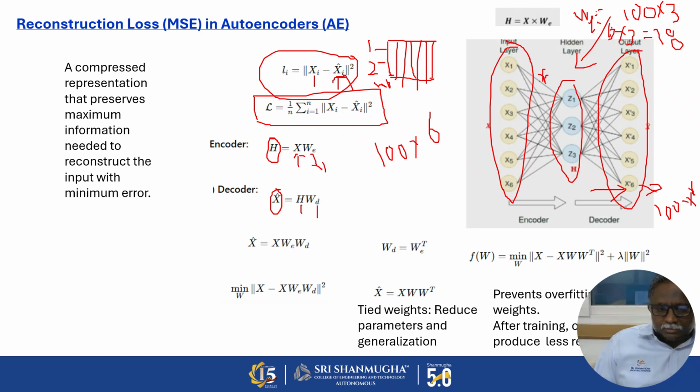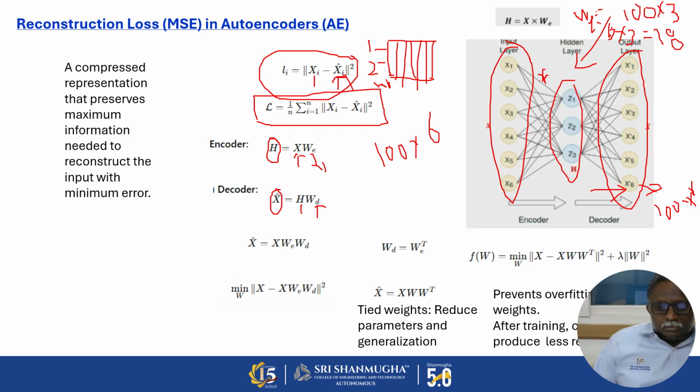That is going to be your reconstructed output. In reality it should be the same, but it is not going to be the same image that you get after reconstruction. So obviously there will be some loss.